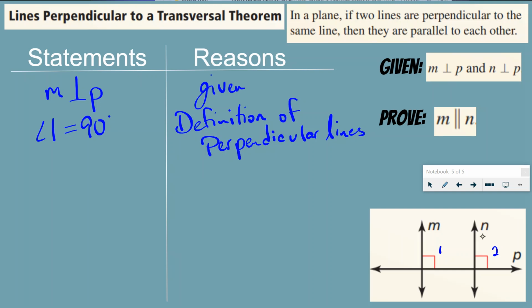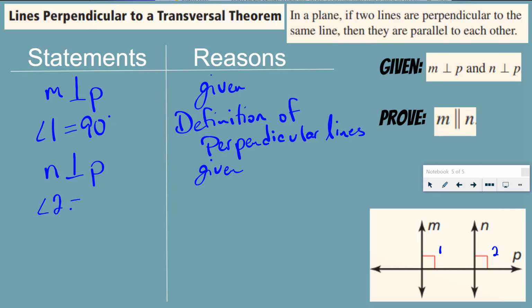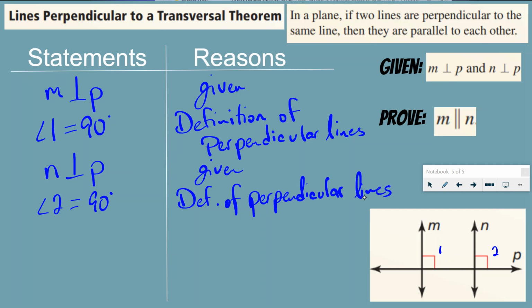Then I'm going to make the exact same claim about that intersection. I'm going to say that N is perpendicular to P because it's given to me, and that angle 2 is equal to 90 degrees because of the definition of perpendicular lines again. And now from there, I can conclude that these are actually equal to each other. I'm going to use the substitution property to say that angle 1 is congruent to angle 2.